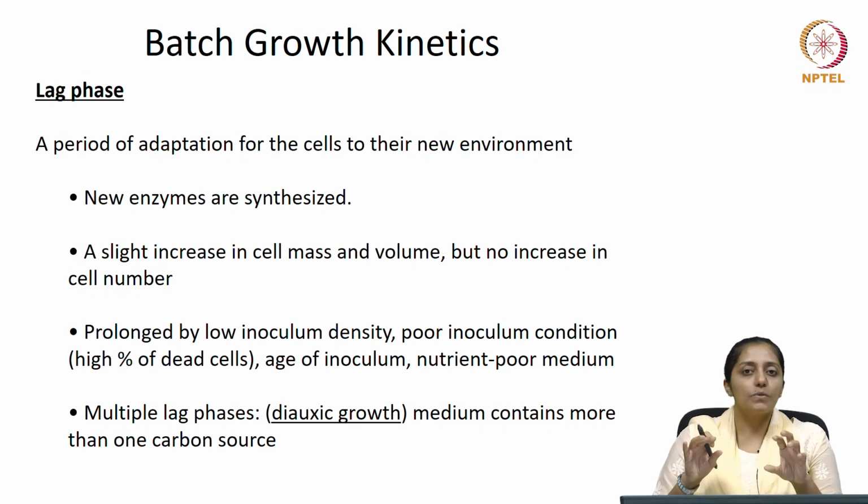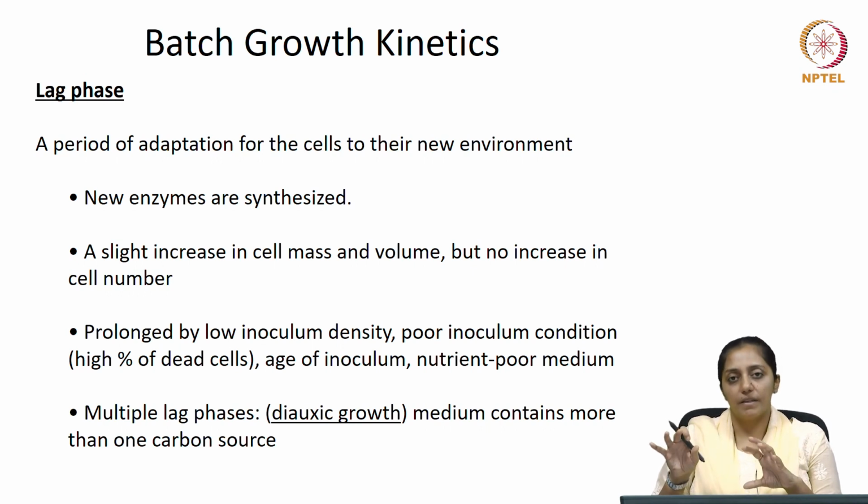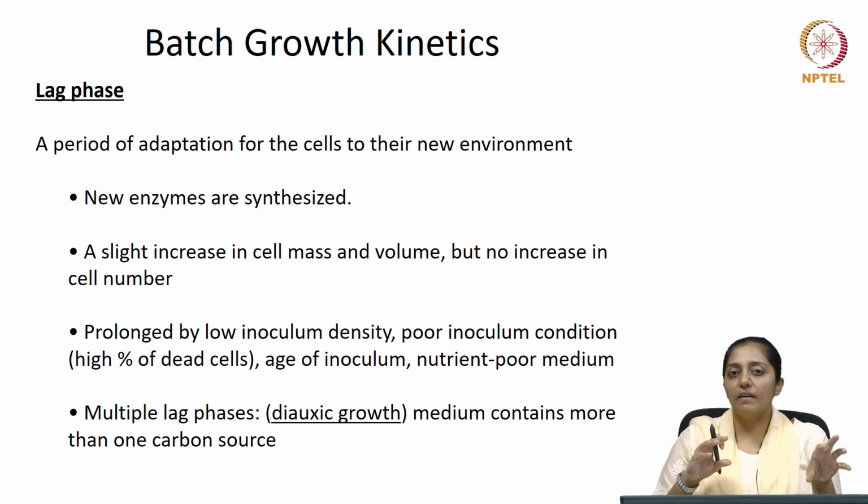This is the reason for the lag phase, the adaptation of the cells in their new environment. When suddenly the cells are brought from an environment which is very rich in nutrients to a limited environment, then you observe the lag phase.